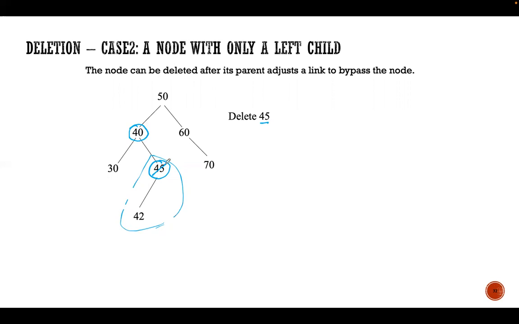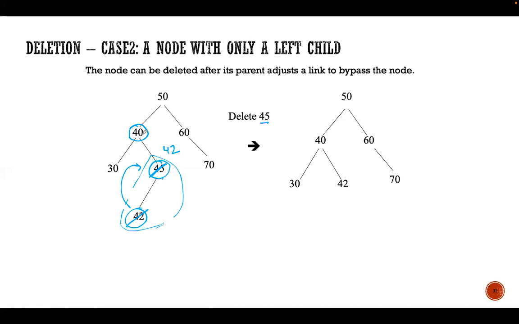All right. So if I delete 45, what actually we are going to do? We are going to copy the value of 42 here. Okay. All right. And I can then delete the 42. All right. So you can see what happens here. So here I'm trying to delete 45. 45 has only one child.